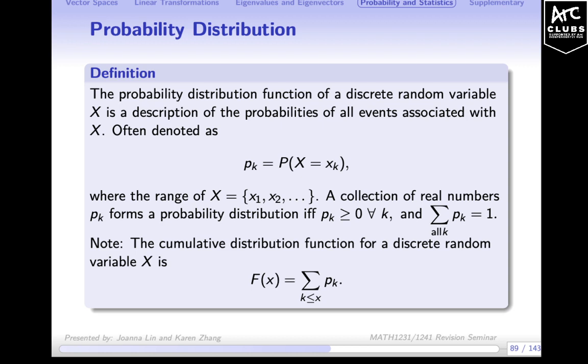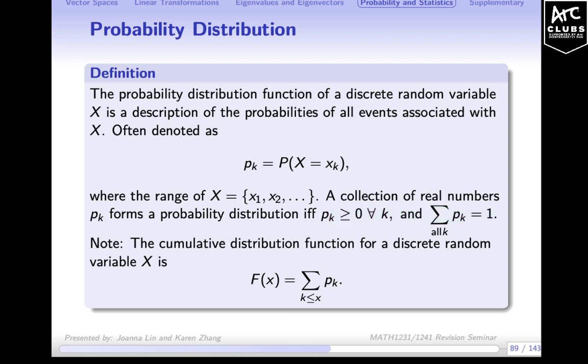Okay, so the conditions for a probability distribution to exist is that your probability has to be greater than or equal to 0 for all k. Now, this is quite obvious because it is a probability. And the second case here is that the sum of your probabilities has to equal 1. So you guys should know these two from high school anyway. So it's just another way of writing them down here.